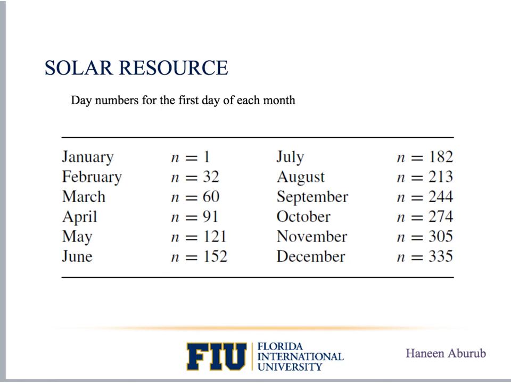Now in this slide we can see a table that represents the day numbers for the first day of each month. So January 1st is day number 1, February 1st is day number 32, March 1st is day number 60, and so forth.